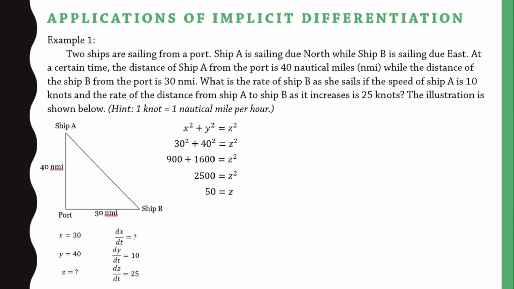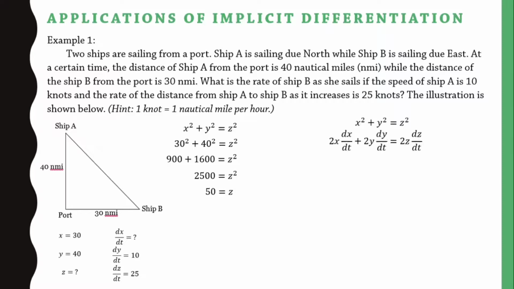However, what we need to do here is to find the rate of ship B. So that is dx over dt. So we have to find dx over dt, and we have to use implicit differentiation. So get the derivative of x squared plus y squared equals z squared.